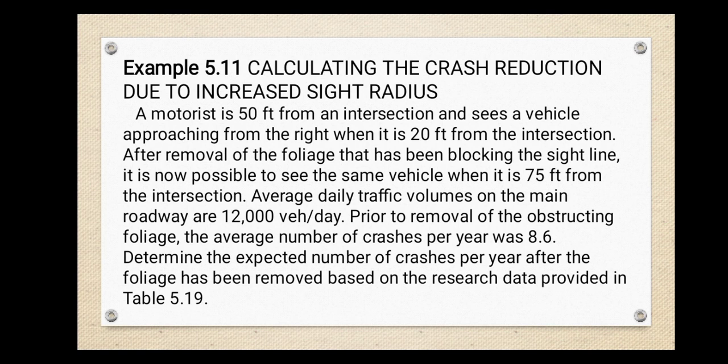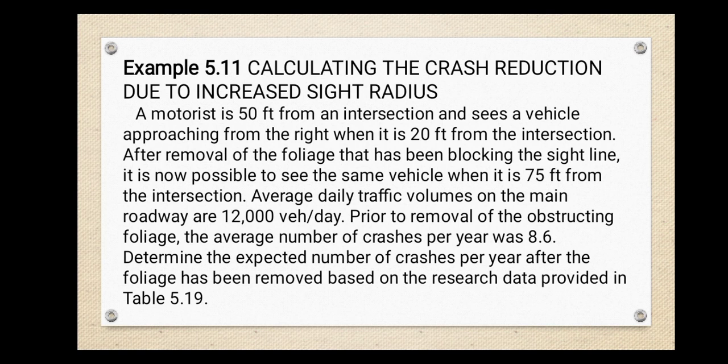After removal of the foliage that has been blocking the sight line, it is now possible to see the same vehicle when it is 75 foot from the intersection. Average daily traffic volumes on the main roadway are 12,000 vehicles per day.